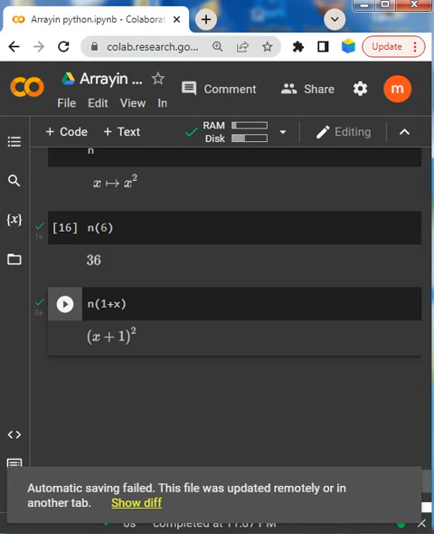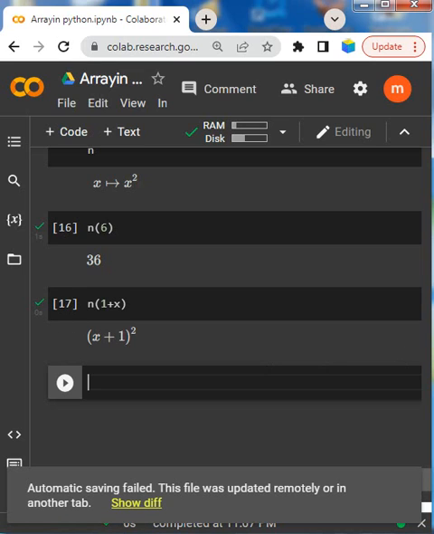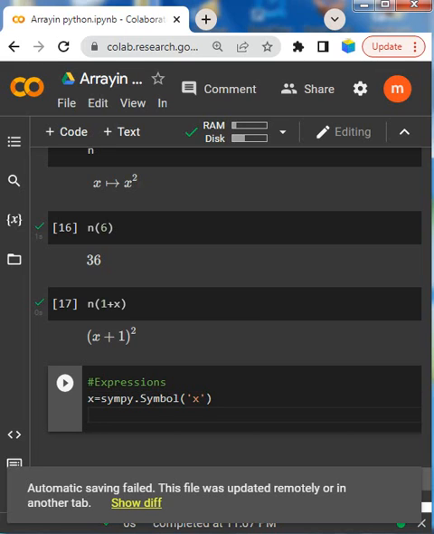So let's see, I am going to take x as a variable. First I am going to describe expressions. So I write x will equal to sympy.Symbol and parenthesis, x as a string. Now I am writing expr as an expression.